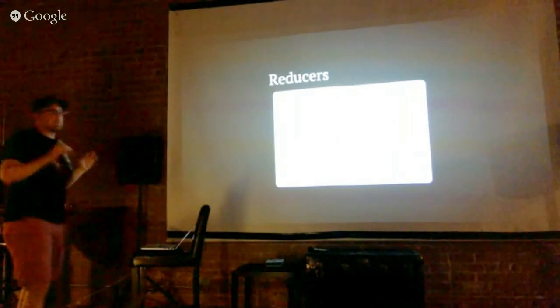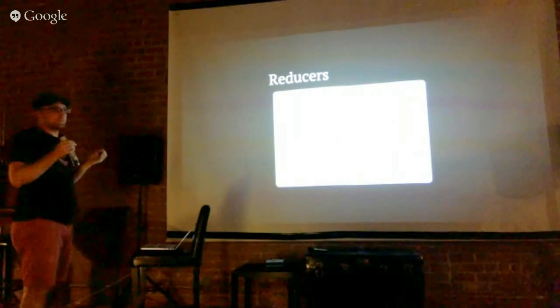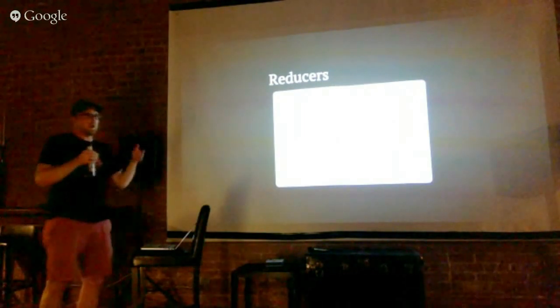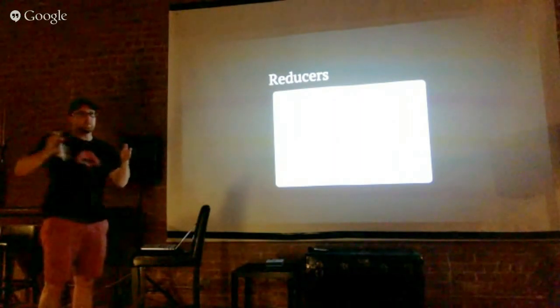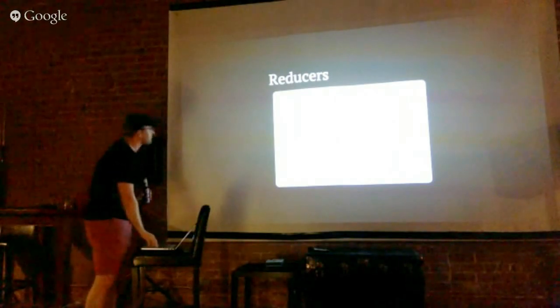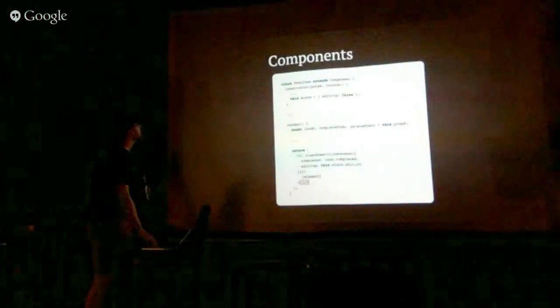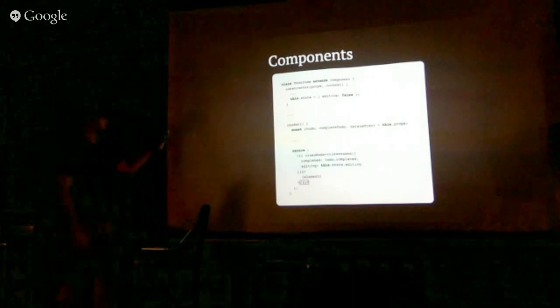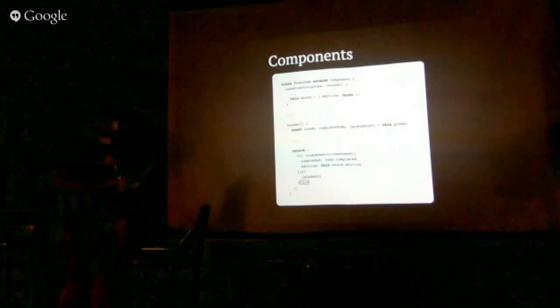So again, it's a pure function, so that you can build up the new state from your initial state and this list of actions that comes in. And here it's nothing really different, except it comes in on props instead of state.